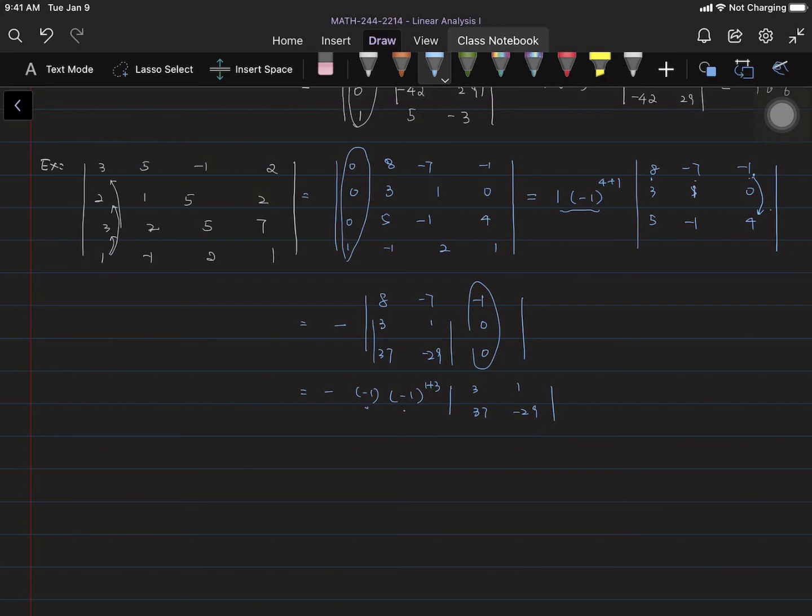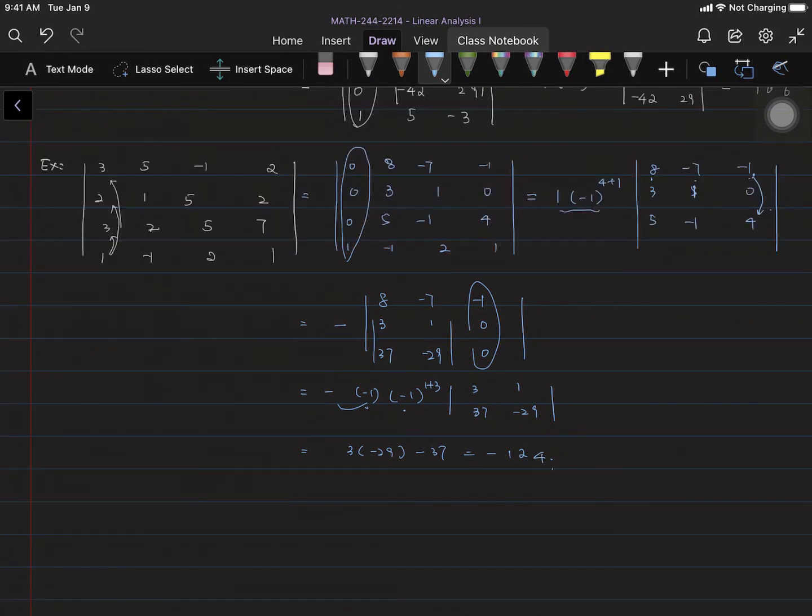The signs are positive, negative, negative, positive. So it's going to be just positive of this 2 by 2 determinant. You can see it's pretty easy, right? So it's 3 times negative 29 minus 37. The final answer is negative 128. 24. That's the final answer.